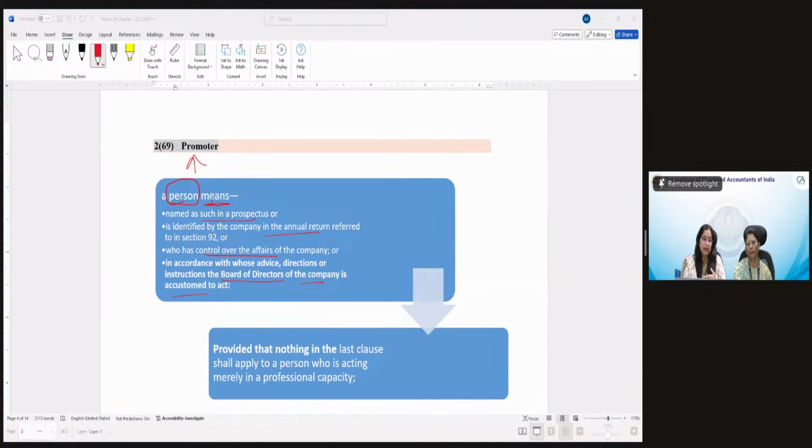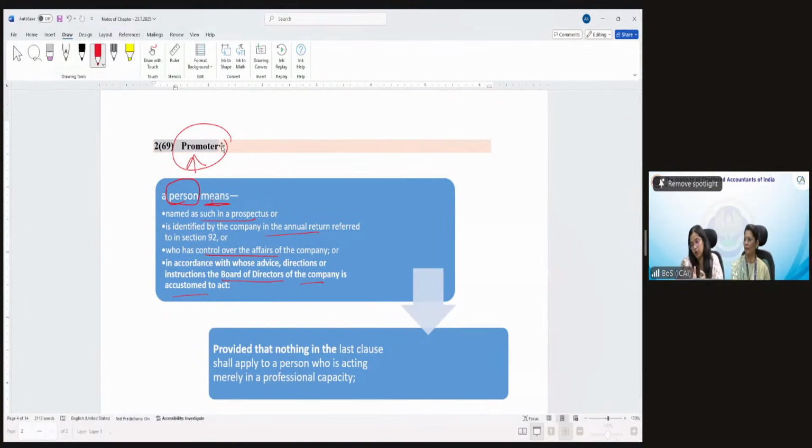So the main points are a person who conceives the idea of forming the company and takes necessary steps to bring it into existence. That person, the founder or initiator of the company, will be termed the promoter. The word itself is promote.